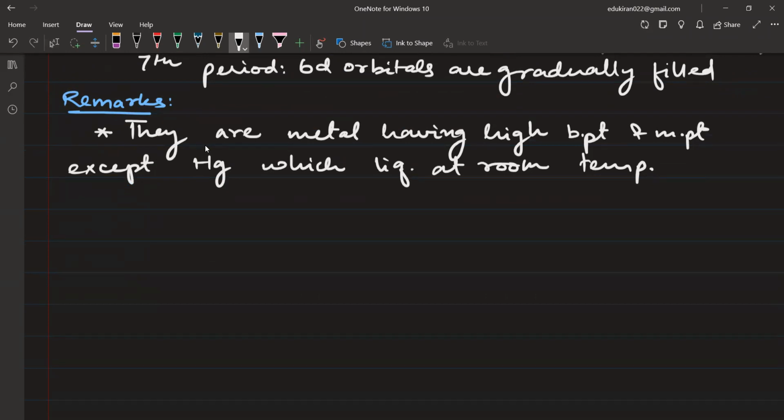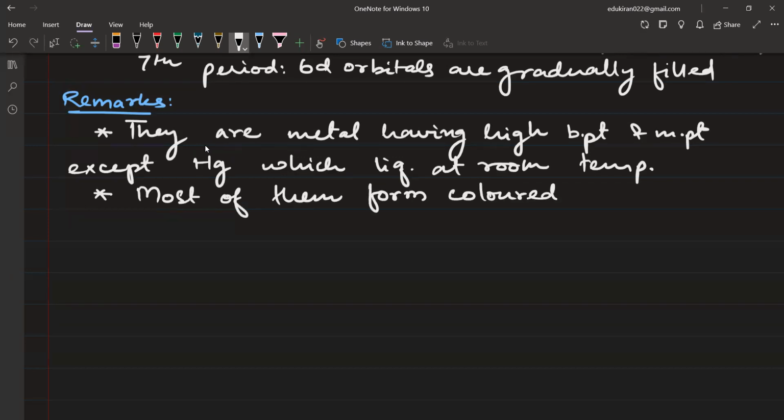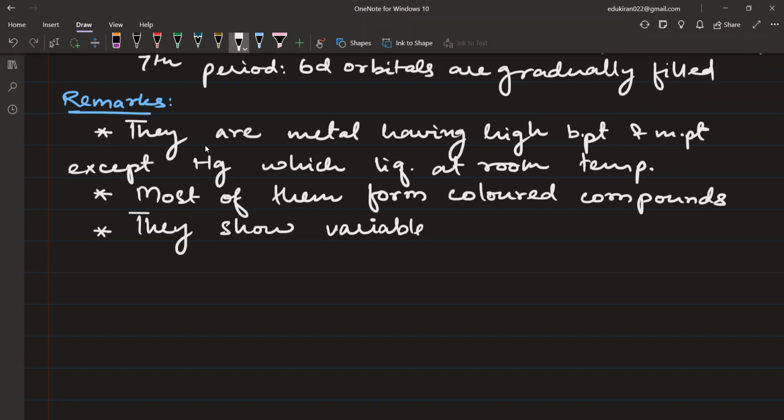Right, next. Most of them form colored compounds. Right, next. They show variable valency or oxidation state, variable oxidation state.